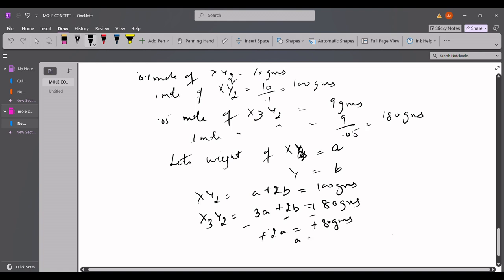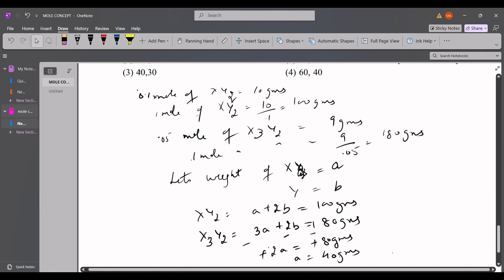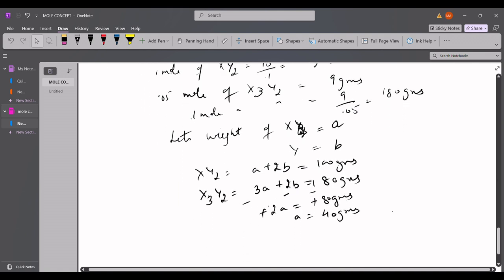So a becomes 40 grams. Let's move to our upper side. If a is 40, then b should be 30 grams.